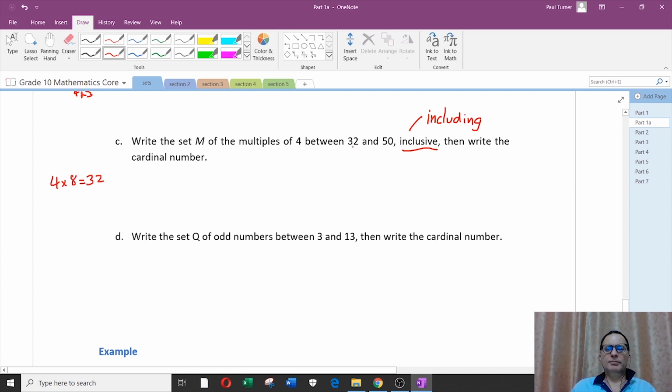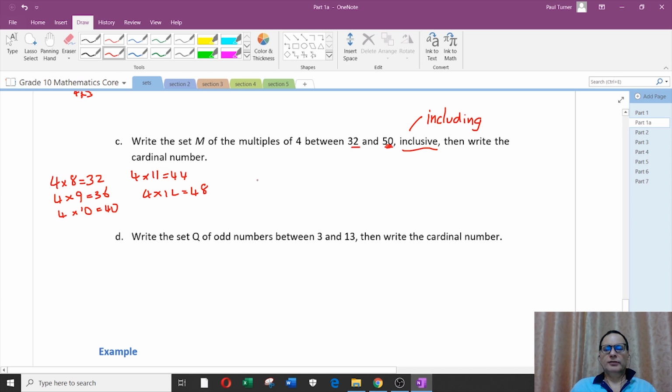That's the first one because we start at 32. 4 times 9 is 36. 4 times 10 is 40. 4 times 11 is 44. 4 times 12 is 48. And we can stop there because we don't go past 50.